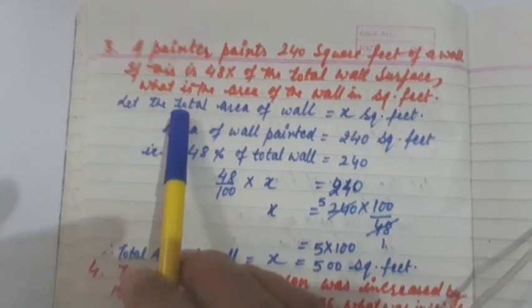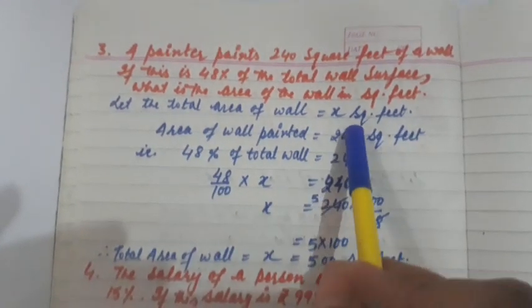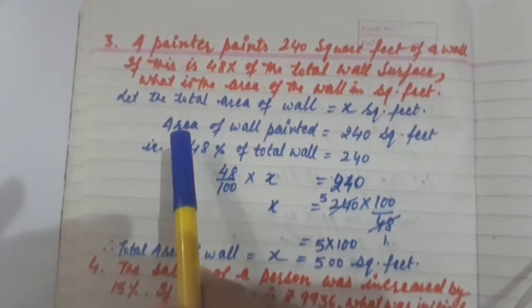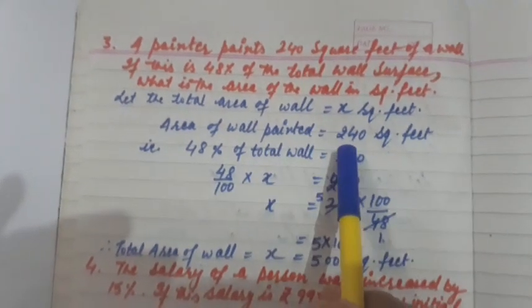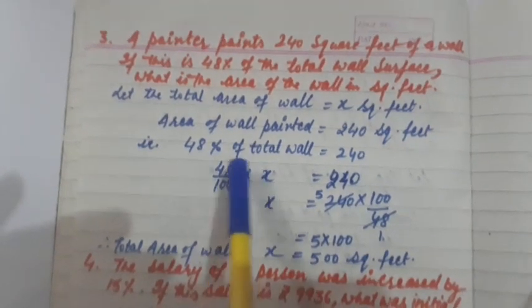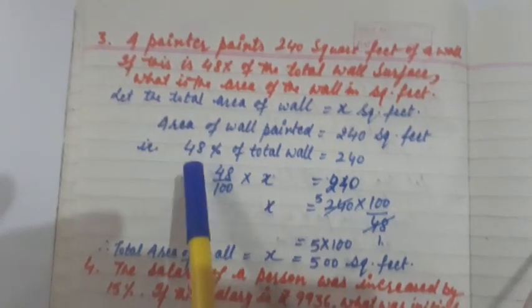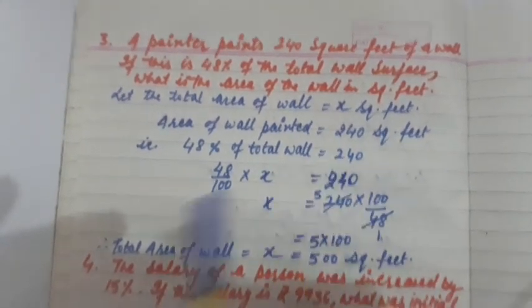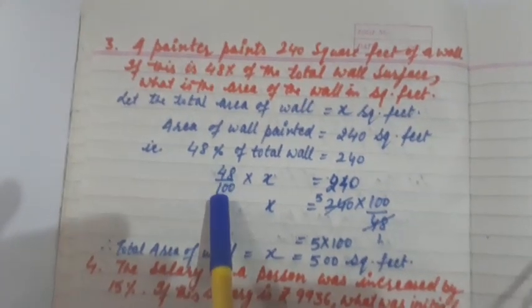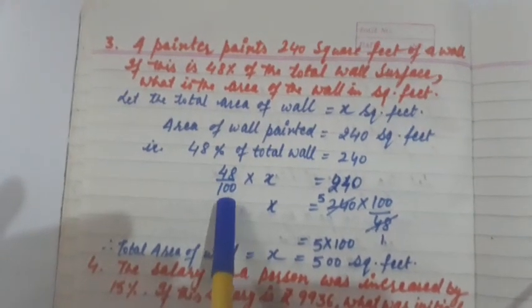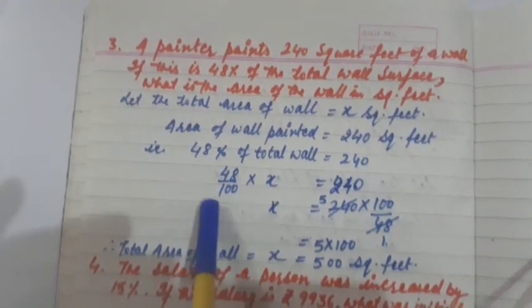Let the total area of the wall be x square feet. According to the question, the area of wall painted is 240 square feet, which is 48% of the total wall. When we change the percentage into simple form, we divide it by 100.